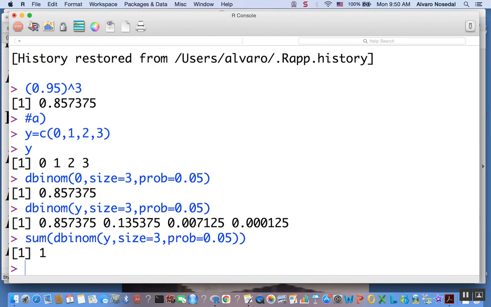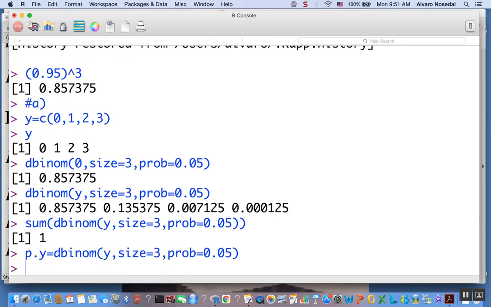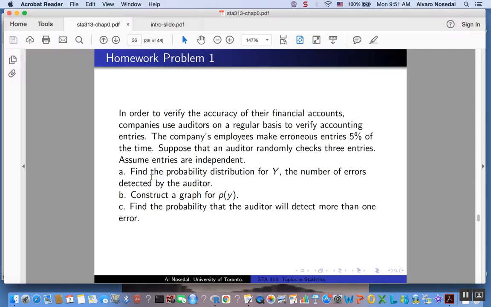So now let me save those numbers in an object called p.y. So we have found the probability distribution for Y. Let me show you.